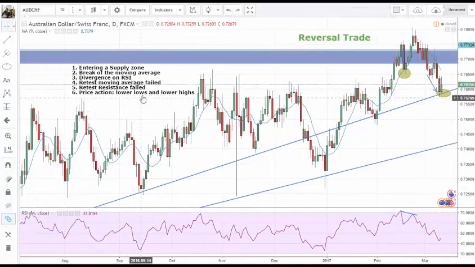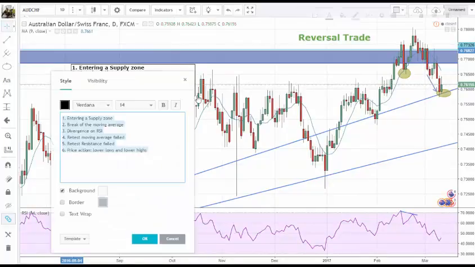So first of all, I want to see more clues. The 7th clue I want to see is a break of the daily trend line.